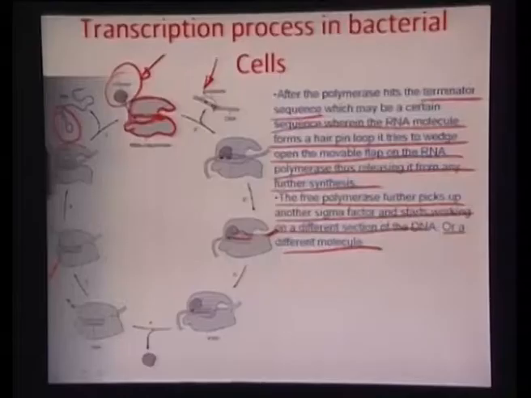Because of this sudden change in conformation of the RNA polymerase, it also disengages the RNA molecule and sends it out. You can see here, the RNA molecule is being continuously generated in this portion, and whenever it hits a sequence where it can formulate a hairpin loop or something, it changes conformation and detaches itself from the RNA polymerase, and the polymerase finds another sigma factor to repeat this particular cycle.